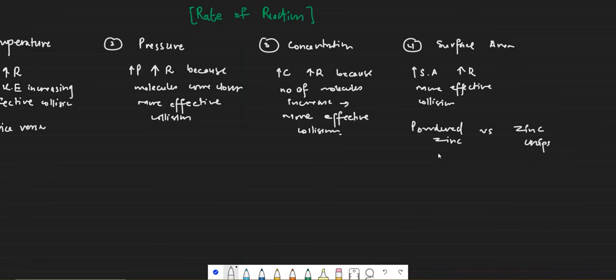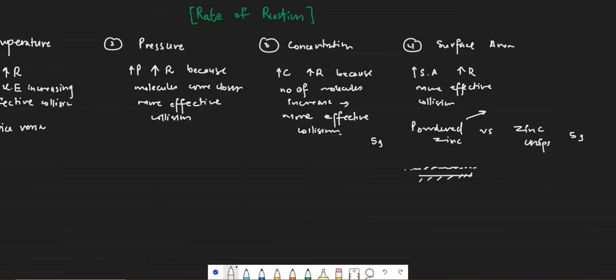It may not sound correct on first hearing, so hear me out first. If I took 5 gram of powdered zinc and 5 gram of zinc chips and placed them on a surface, powdered zinc will obviously occupy more space because it has smaller size, which means more surface area. That's why powdered zinc will react faster.